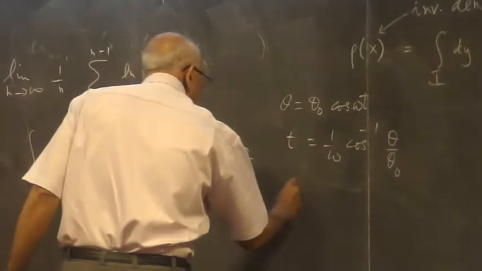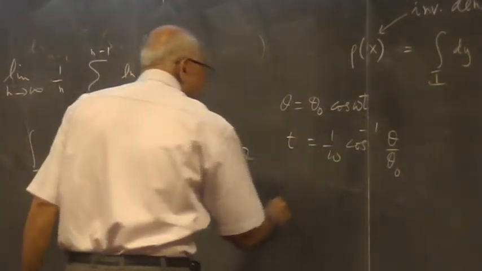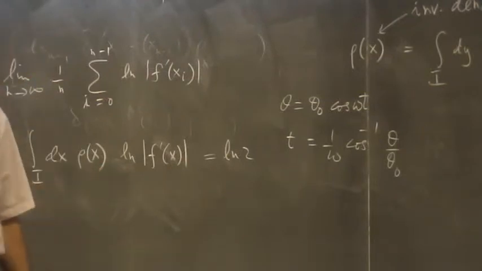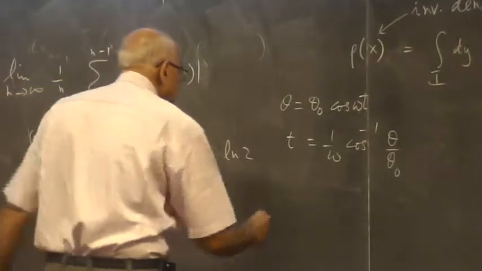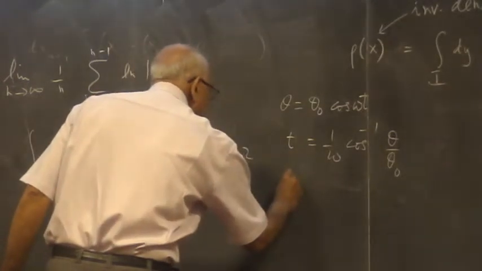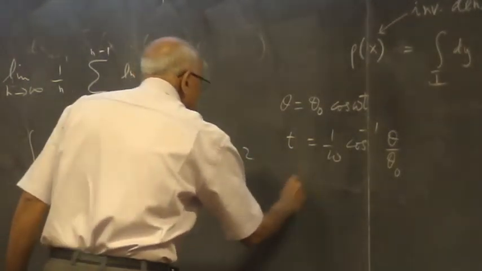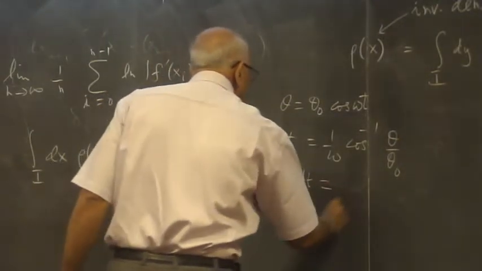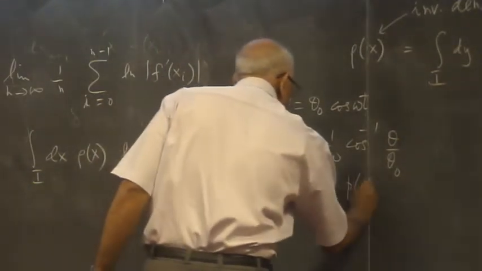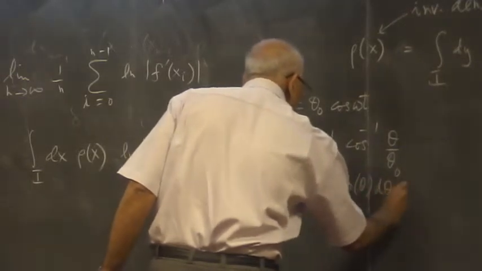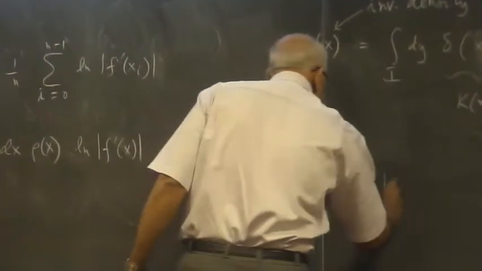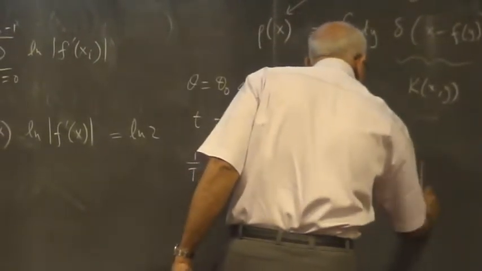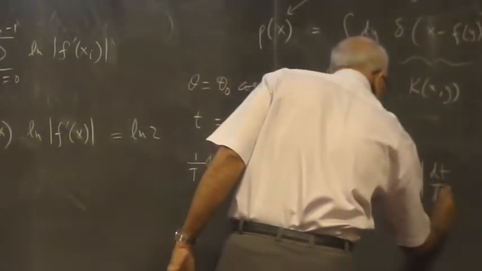Then the probability density in t multiplied by dt must be equal to the density in theta multiplied by d theta in modulus. Since this is just 1 over T dt equal to the probability density in theta d theta, you have rho of theta equal to 1 over T modulus dt over d theta.